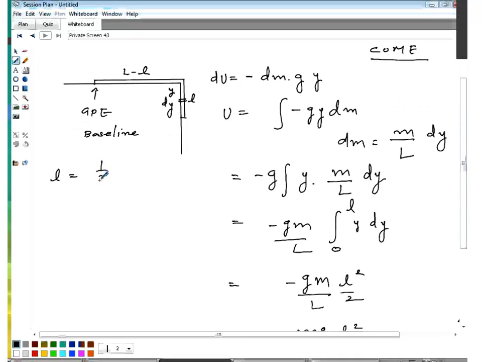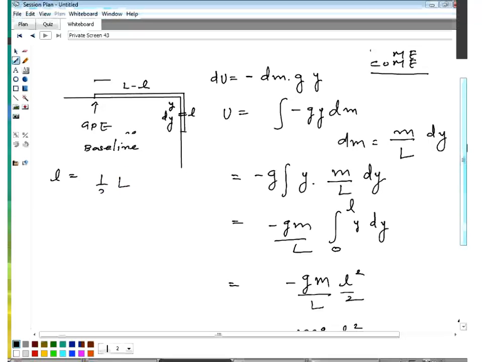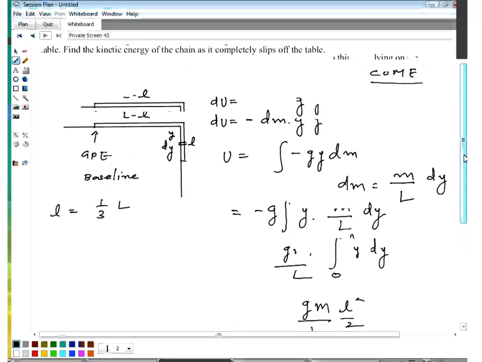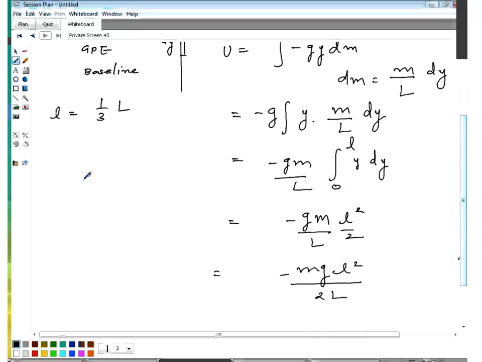So initially l is one third of L. Initially U is 0 for that part which is at the table, plus minus mg by 2L, L by 3 whole square.